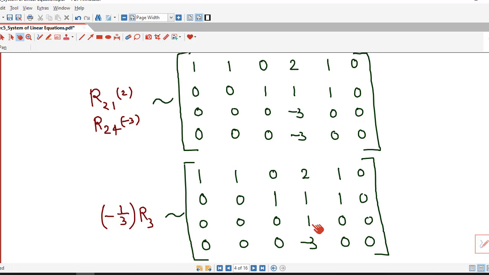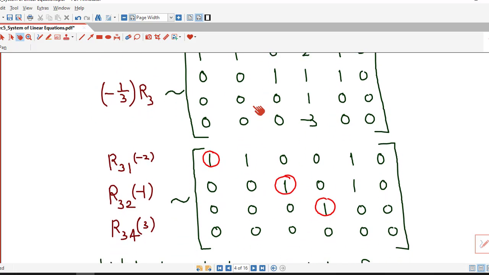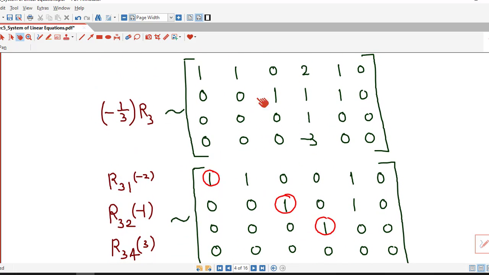So we multiply the third row by minus 1 and add in the second row. Similarly, to make this entry 0, we multiply the third row by minus 2 and add in the first row. And to make this entry 0, we multiply the third row by 3 and add in the fourth row. And I am not explaining the calculations now.